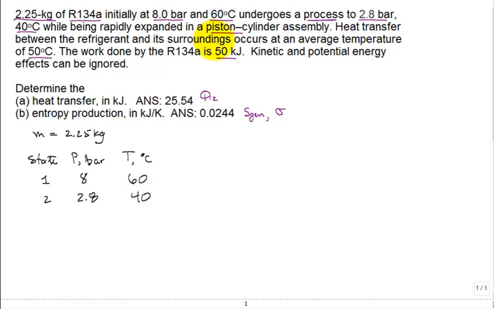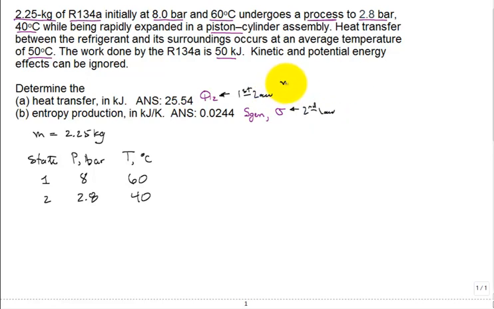And we're going to be interested in other properties. We're interested in calculating the heat transfer during the process, so that's probably going to require us to use the first law. And then for part B, we're interested in the entropy generation or production. That'll be the second law. Well, what does the first law look like for a process?